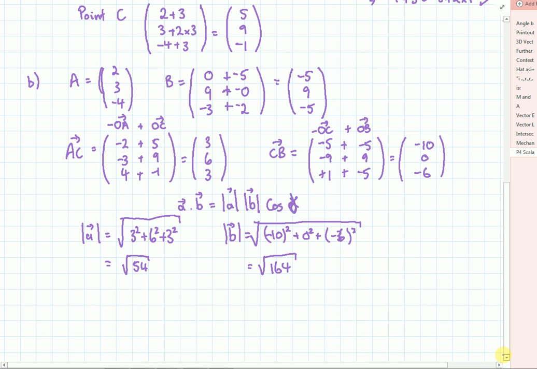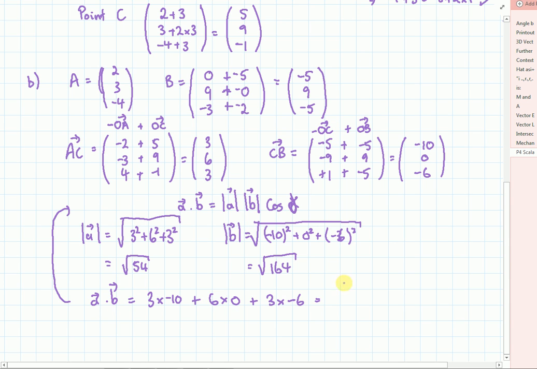So we now get a rearrangement of this, saying let's just do A dot B as well. Remember, this is the i part times the i part. So it's 3 times minus 10 plus 6 times 0 plus 3 times minus 6. Actually, maybe you should have done this one first, just in case the angle worked out as being a 0.